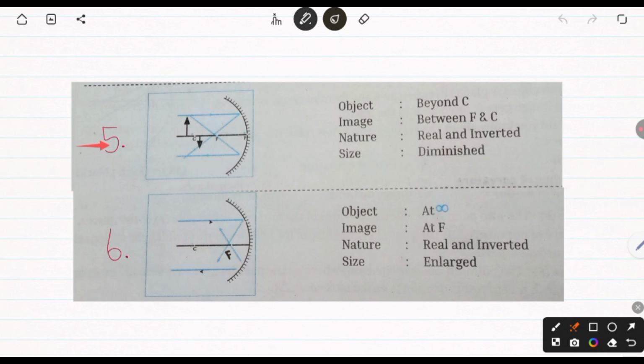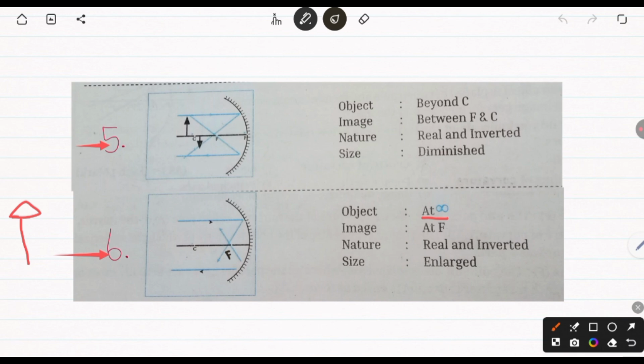Let's go for the sixth one. Here guys, our object is at infinity, which means the object is very far from the mirror, a distance which we do not know basically.